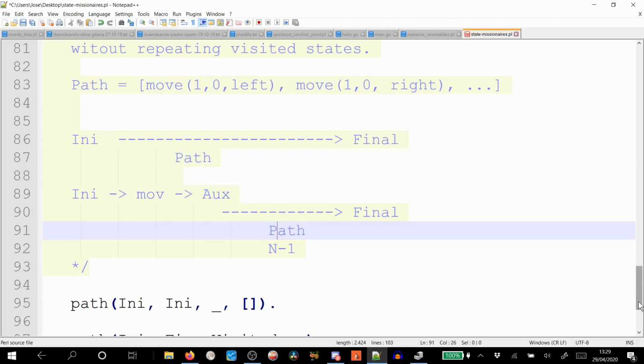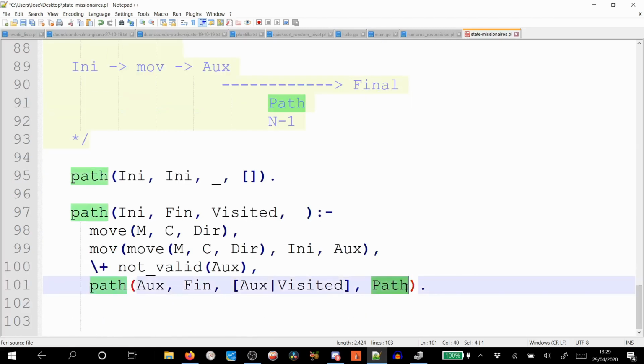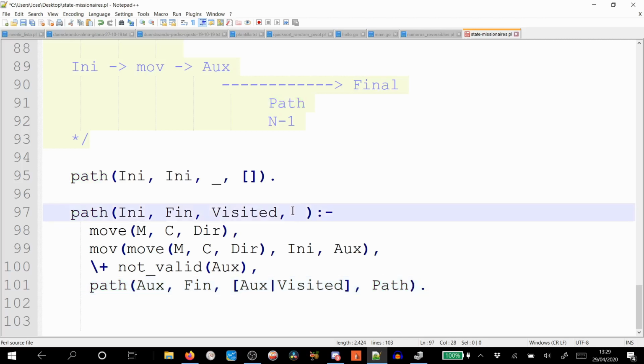So what do I have to do to this path of N-1, one movement less than the solution, to obtain the full path? Remember, that is a list of movements.